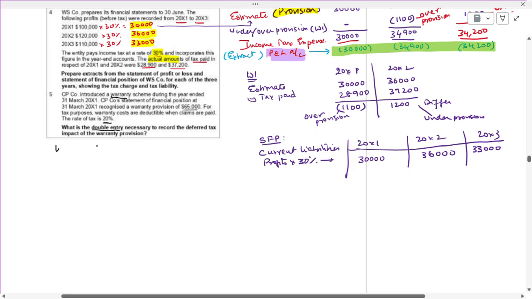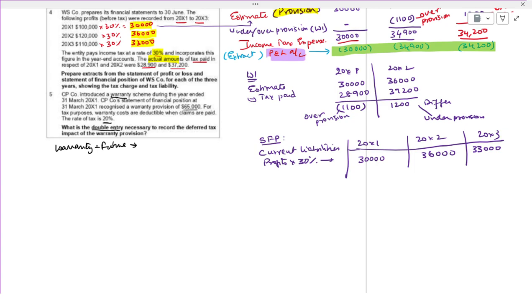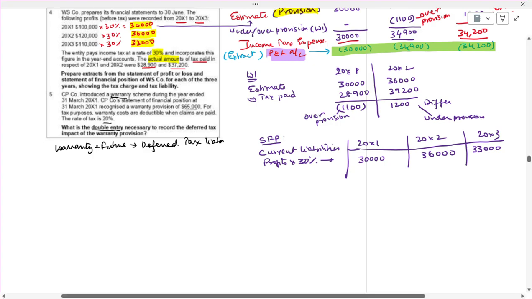Future. Warranty will be in future. If it is in future, this is going to be identified as a deferred tax liability.